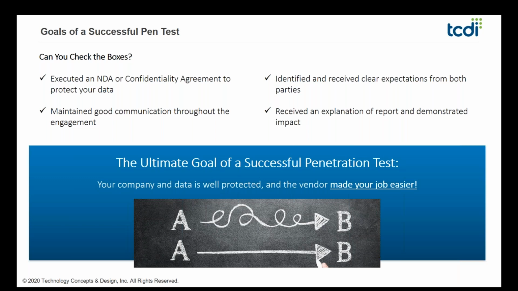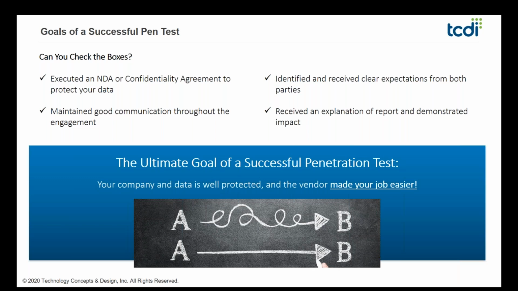And then you want to have the vendor provide you with an explanation of the report after the fact. That way you have not only the report written, but you can talk to the actual person that performed the pen test, and get their context and their explanation as to, okay, why did I approach it this way, and why was it exploitable this way?